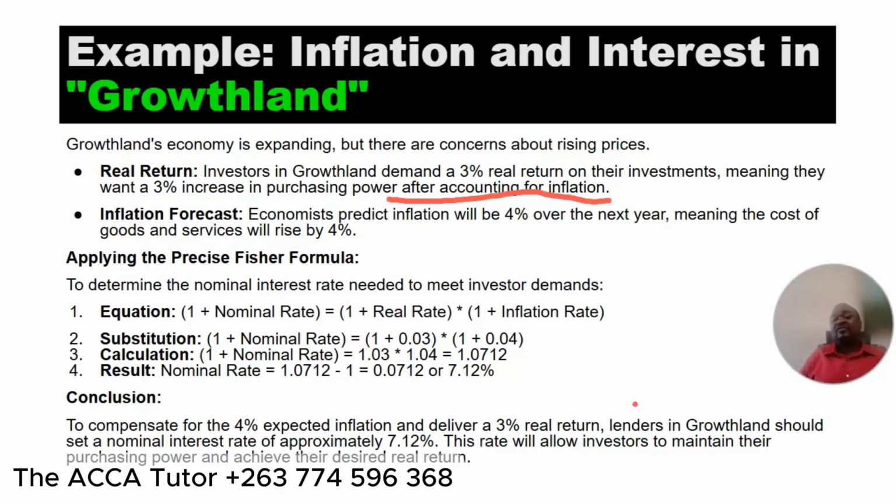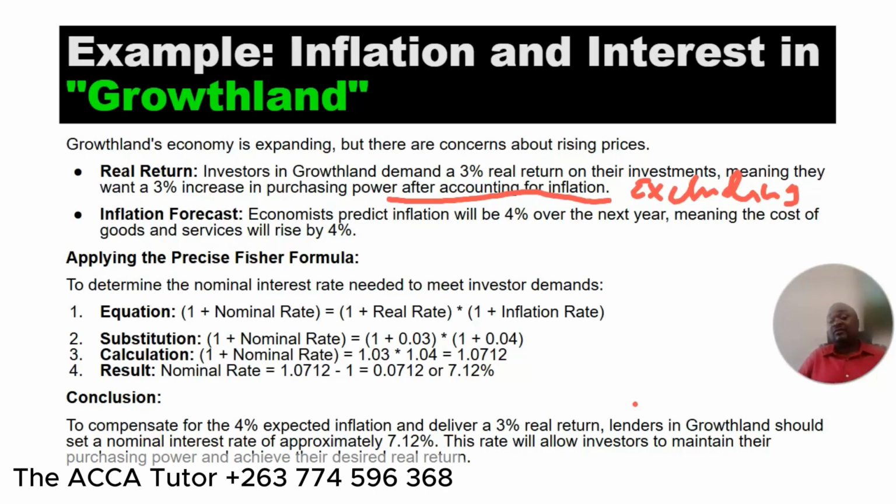So the real rate of return is a rate which excludes the inflation. Okay, it excludes the inflation. Please get this point right. Right? Excluding, after excluding inflation. All right?